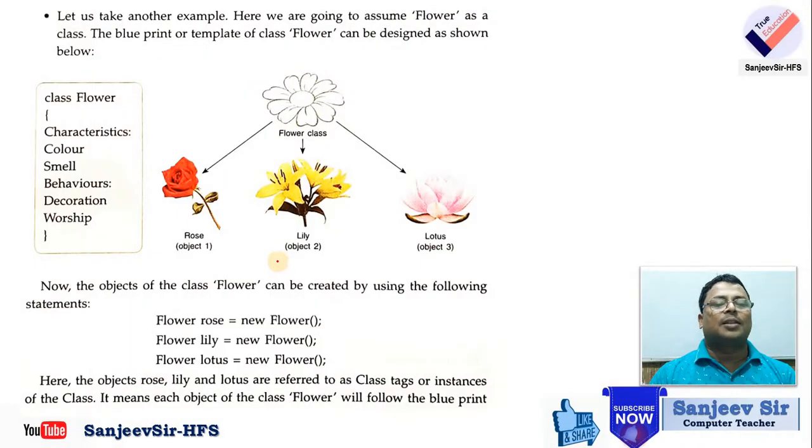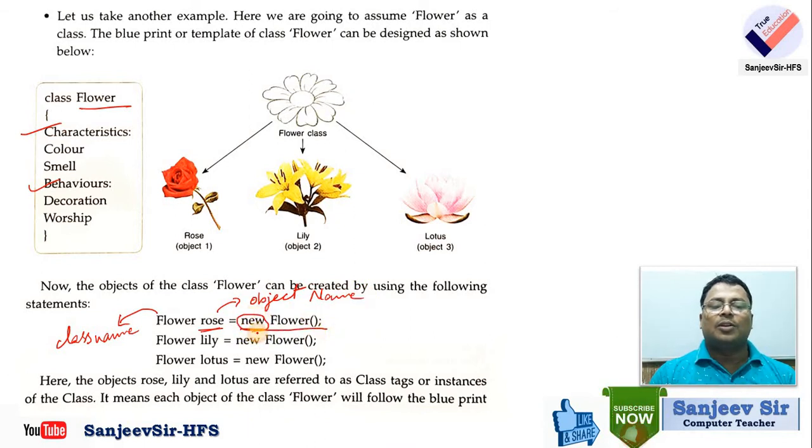Now we understand the flower also, with the same characteristics and behavior. We will create the flower class object: rose is the object, flower is the class name. So you see here, this is the class name, this is the object name, and this is the technique by which we create it.